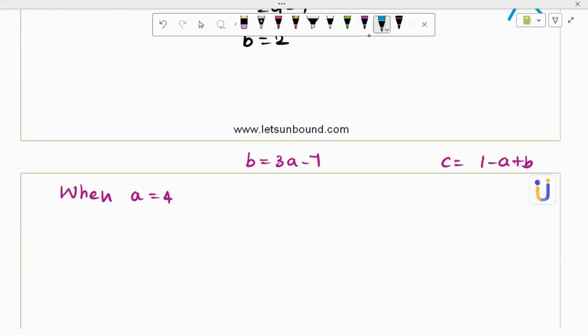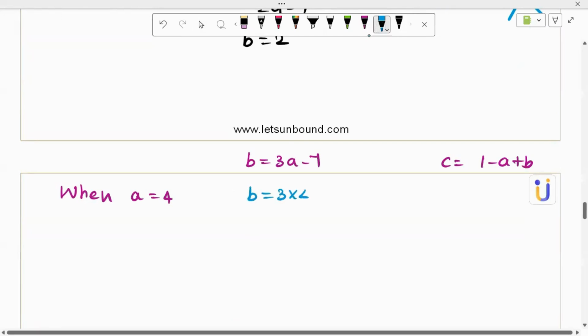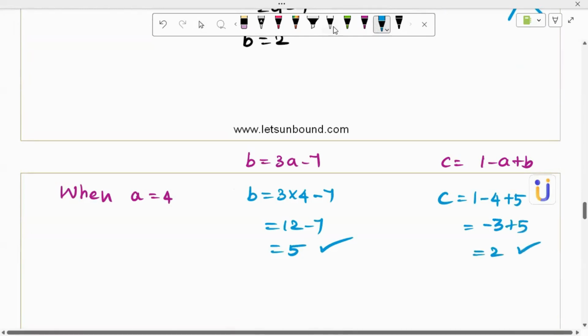So B is equal to 3 times 4 minus 7, which is 12 minus 7, which is 5. Okay, it holds. And C, 1 minus 4 plus 5, that is 2. So this combination is possible: A is 4, B is 5 and C is 2.